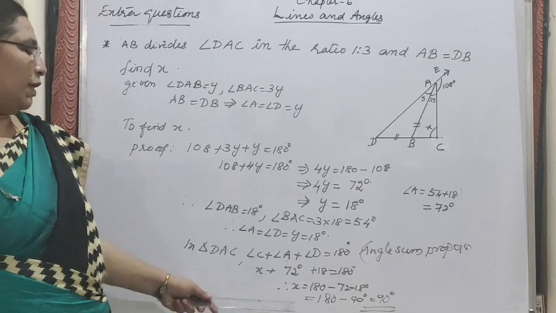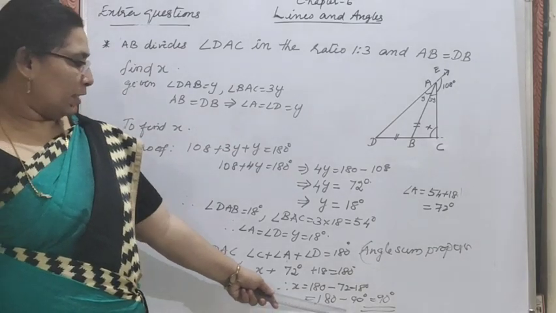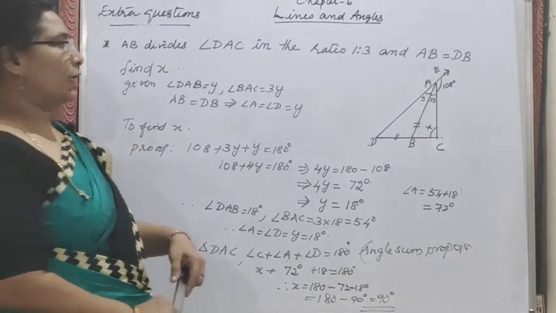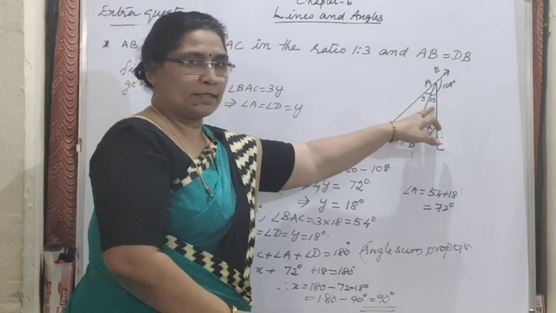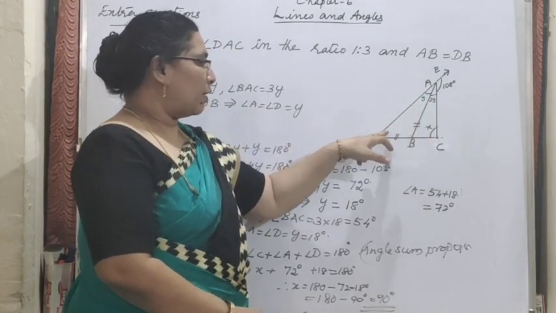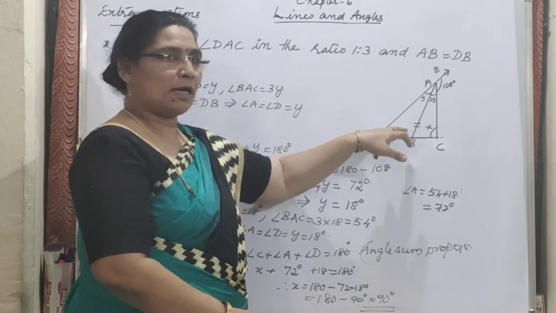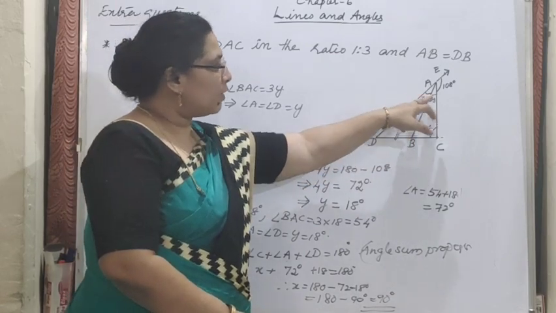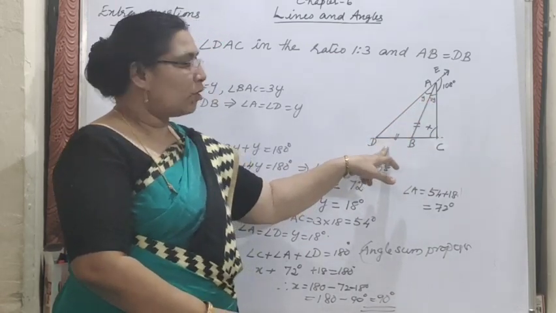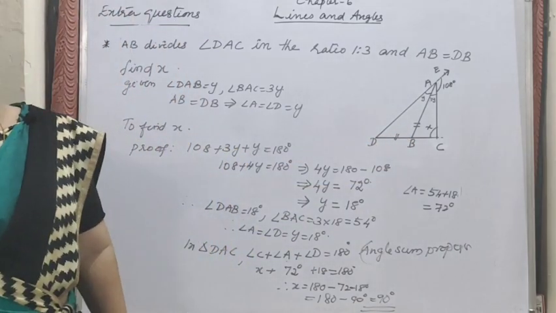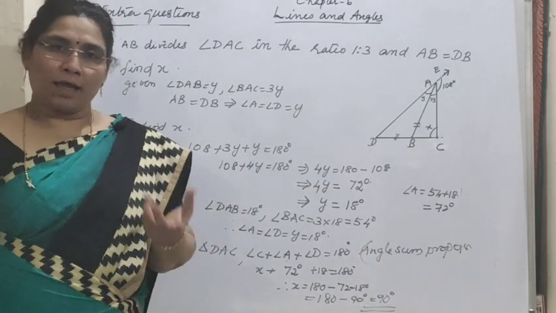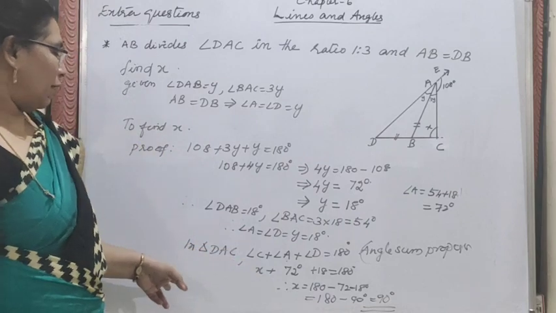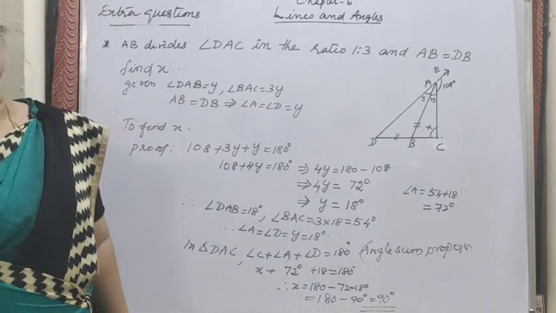So what is the value we are getting? 180 minus 90, it is equal to 90 degree. So first we have calculated the 4y, then we have calculated y by using the base angle property. That is why angle A and angle D we got. So the remaining angle C we can calculate by using the angle sum property. So x equal to 90 degree.